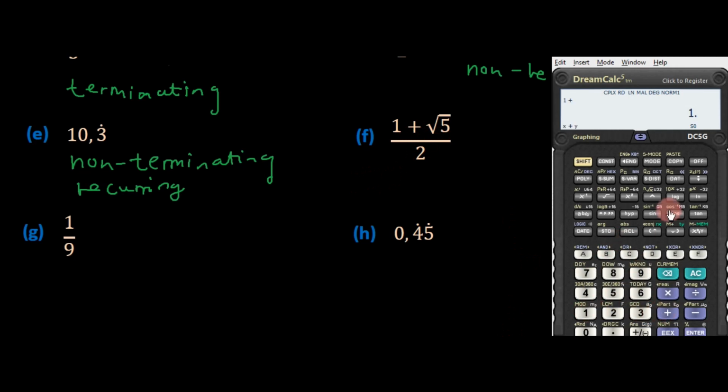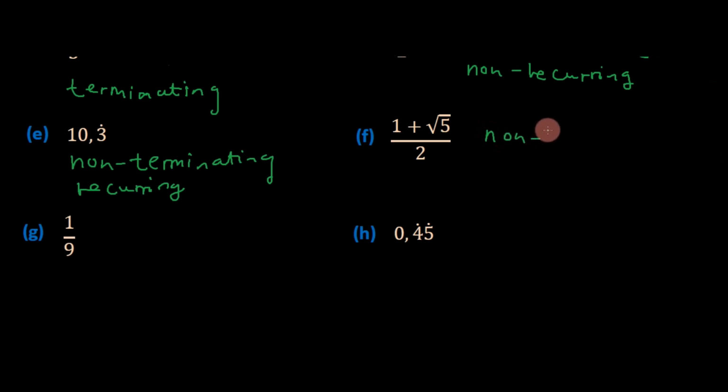So 1 plus square root 5 divided by 2. It's non-terminating and non-recurring.